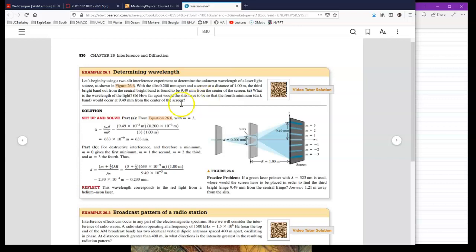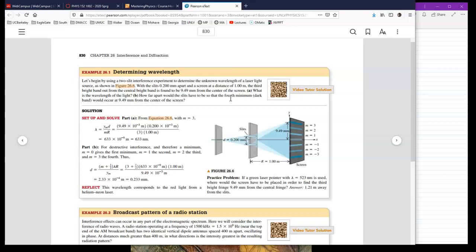So he said, how far apart would the slits have to be so that the fourth minimum, which is dark, would occur at the same height, 9.49, from the center? In other words, what would D be? But here is the thing. When he says fourth dark, he doesn't really mean fourth dark. He really means always subtract a 1 from it. I don't know why the book does that, but there is a homework problem, the same thing.